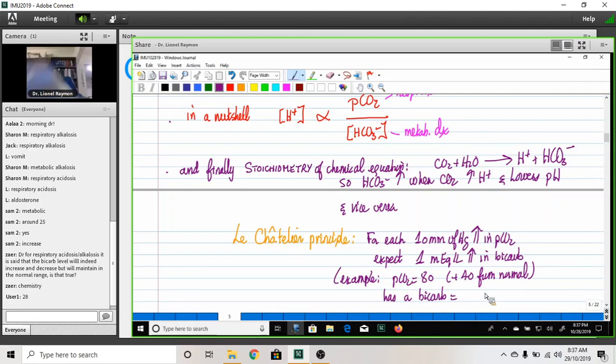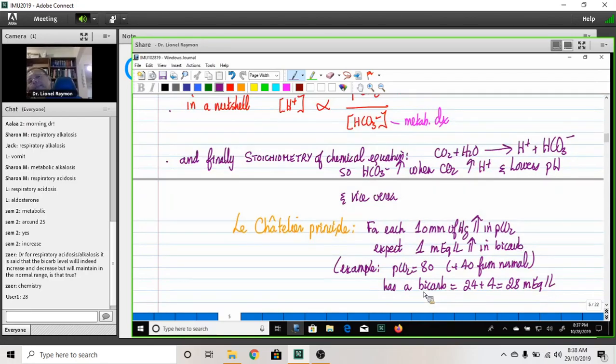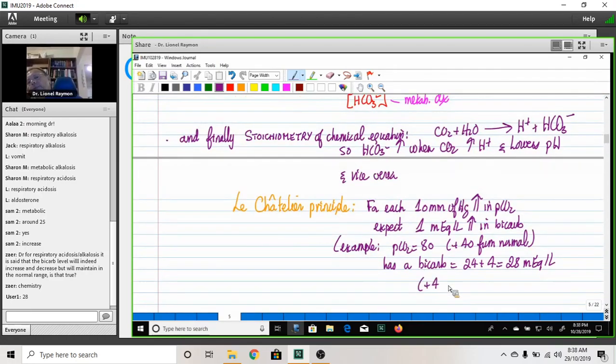It has a bicarb of 24 plus 4, 28 milliequivalent per liter, and plus 4 from 4 times 1 milliequivalent per liter for each 10 millimeters of mercury increase in PCO2.